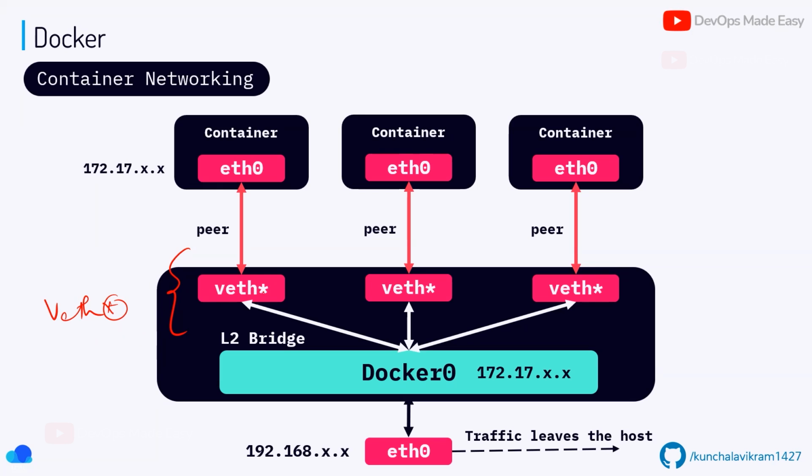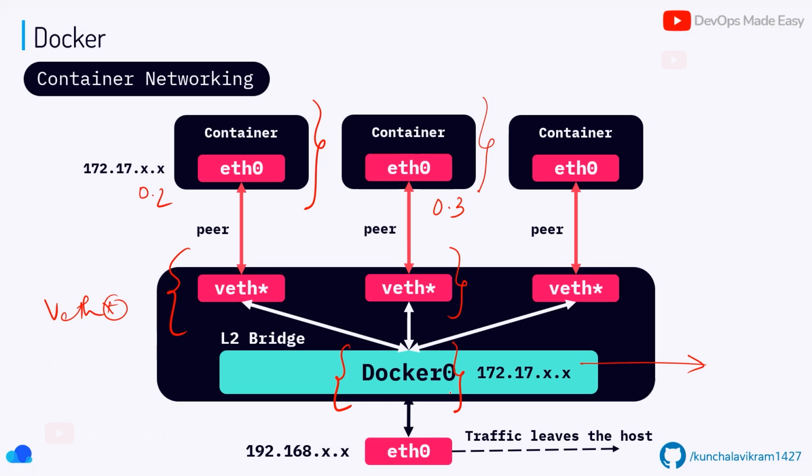This is a virtual Ethernet connection that connects the container to your Docker 0 network. Whenever I create a container, a separate virtual Ethernet connection is established connecting the container to Docker 0. Thus each container gets an IP address from the IP pool of this Docker 0 network. Got it?